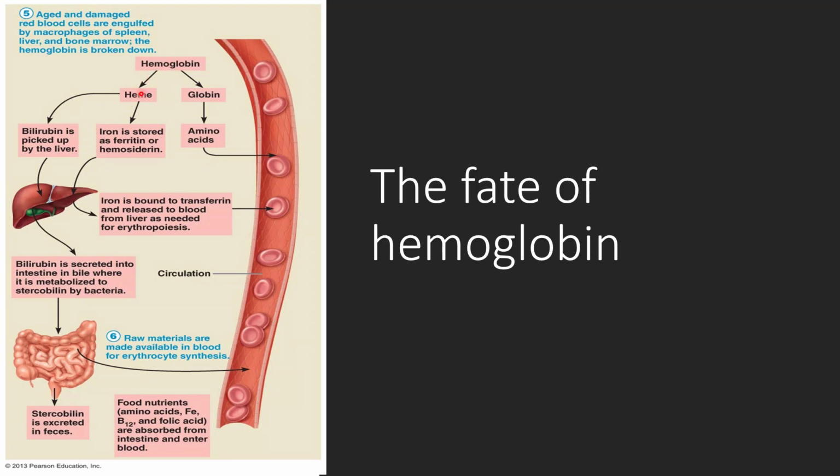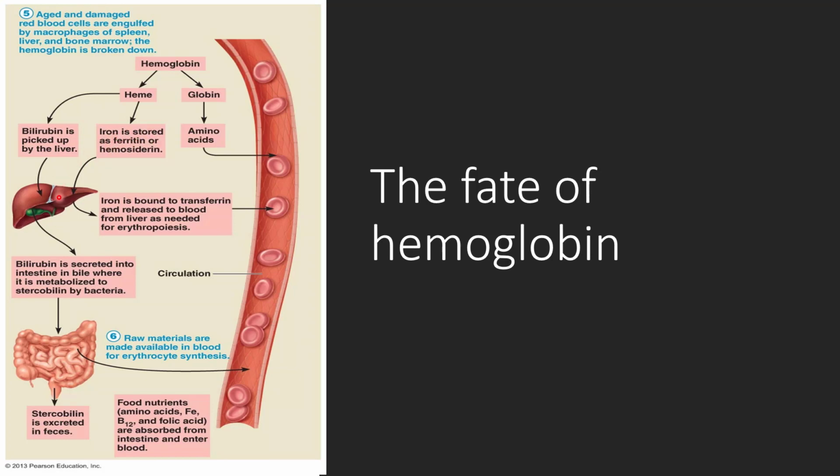But the other part, the heme, is broken down. It's broken down into the iron, and the other portion is called bilirubin. So let's follow the iron part of the heme. Iron is attached to something, and we store it as a molecule called ferritin or hemosiderin. But we're just going to talk about the ferritin.